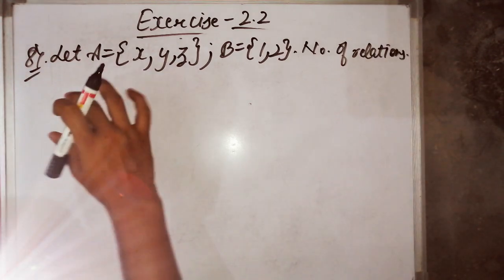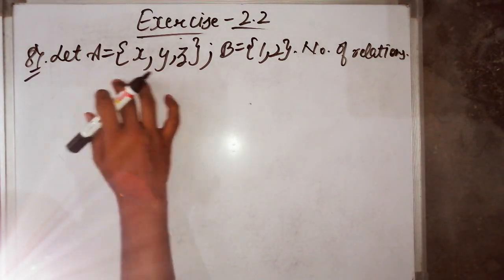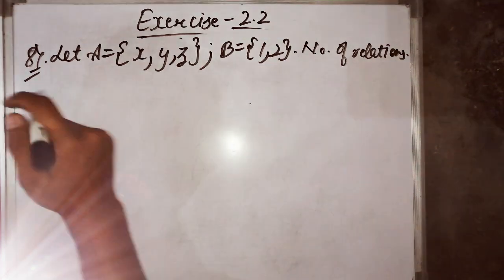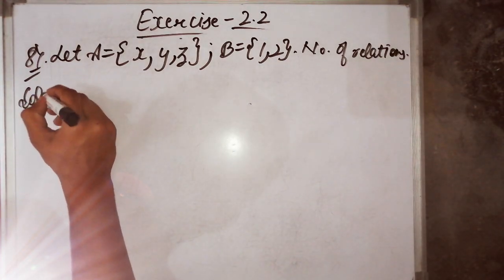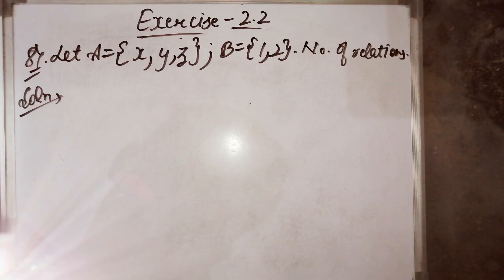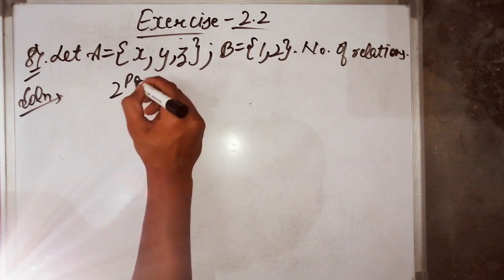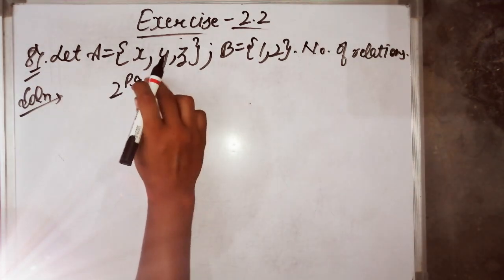In this question we need to find the number of relations, and we have been given that set A equals {x, y, z} and B equals {1, 2}. Let's move to the solution. Students, do you remember that I told you a formula in the intro of this exercise, 2 to the power pq, to find the number of relations?